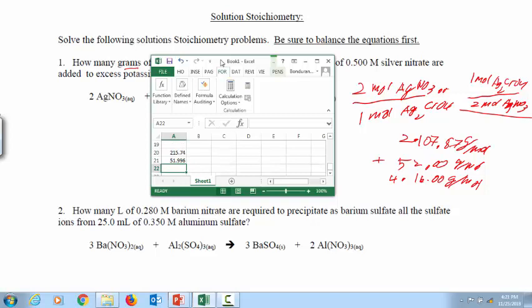And let's go ahead and use all the sig figs we can. Why not? And now we just add it together. And we got 283.73.